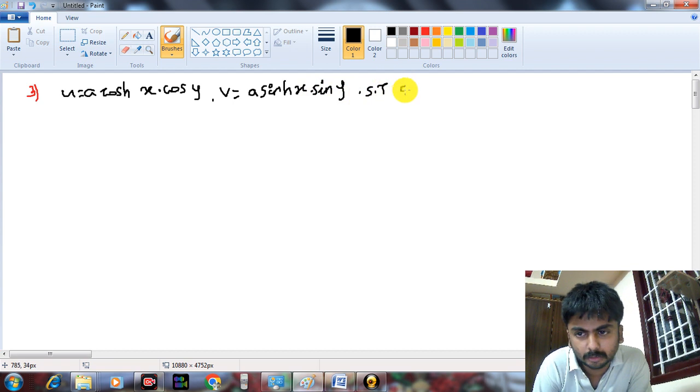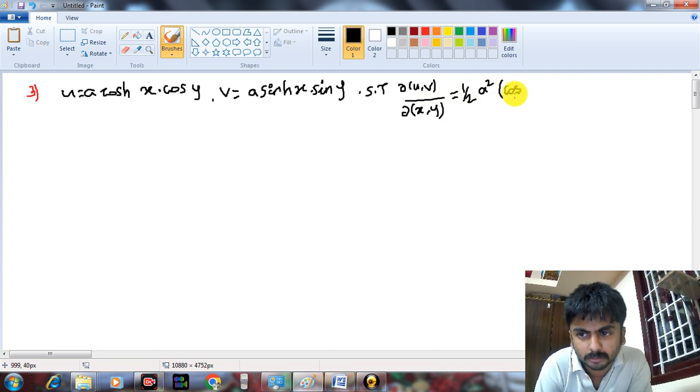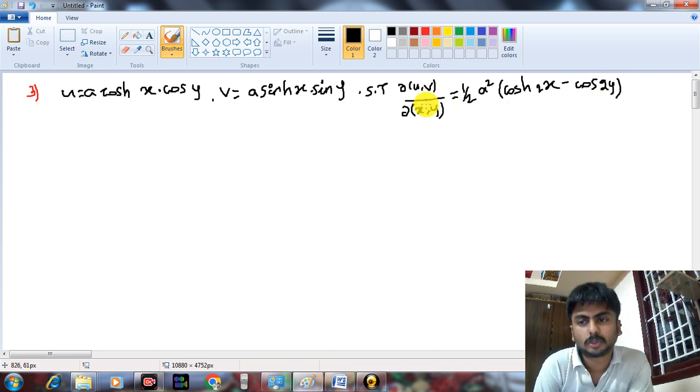What we have to show is that dou of (u, v) divided by dou of (x, y) equals 1 divided by 2 a square into (cosh 2x minus cos 2y). So we have to prove this.